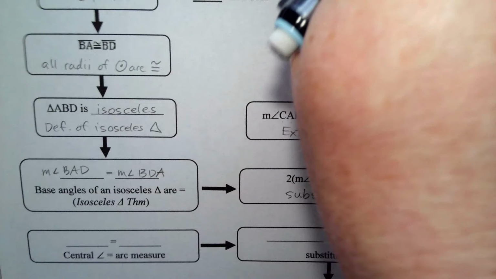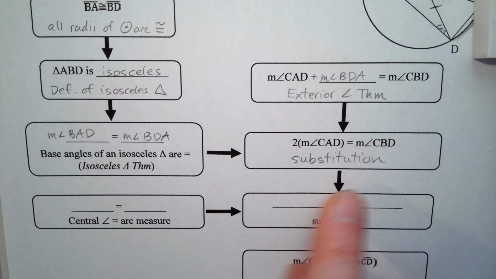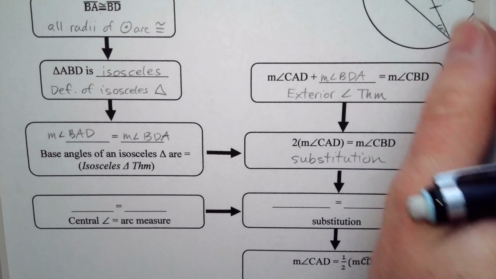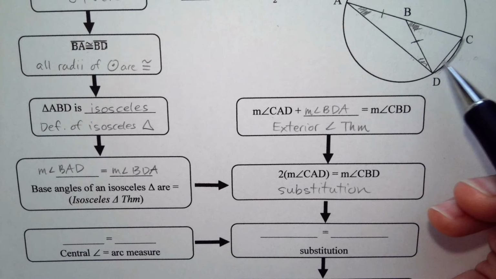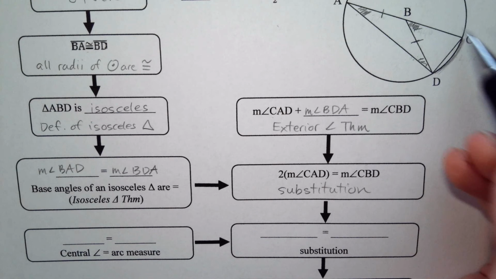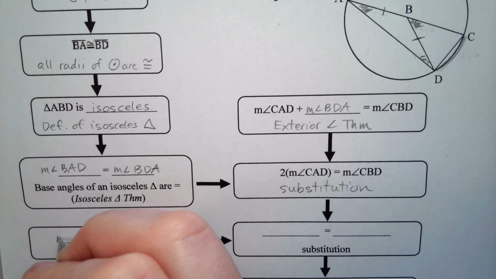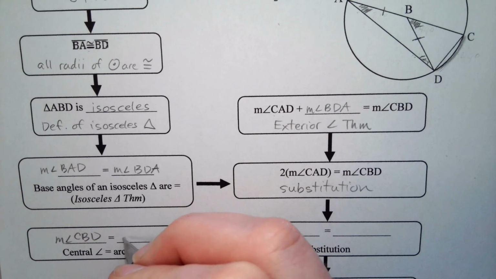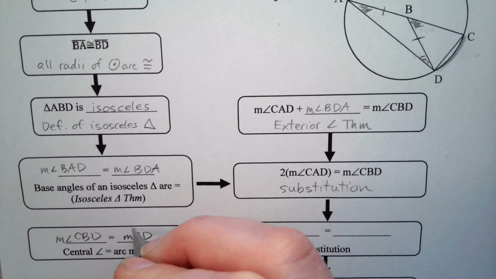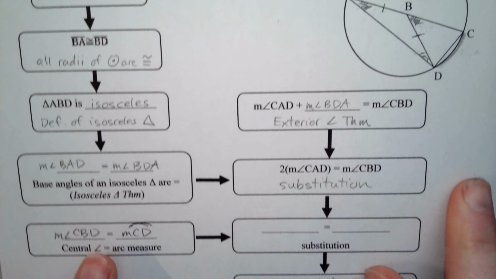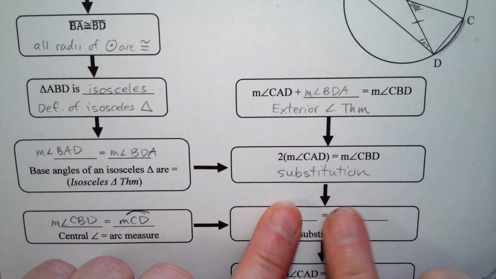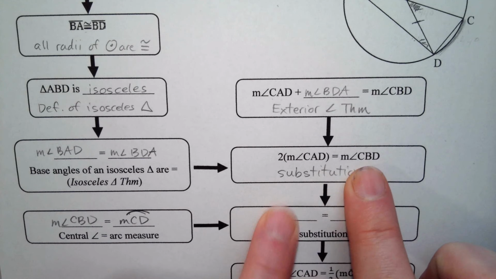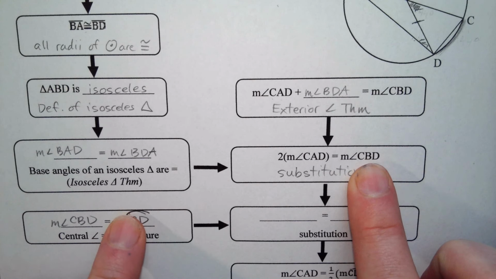Okay, next step. Well, this leads to something, but I need something else before. So I have a central angle equal to the arc measure. So we must be referring to the central angle CBD. So the measure of angle CBD equals the measure of the arc CD. Putting these steps together, I can replace the angle here with the arc.